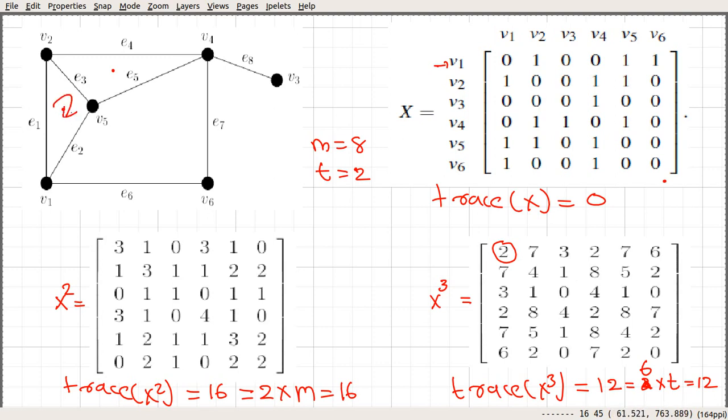So one triangle this way and the other triangle this way, so 2. In that case, if we look at this one, that corresponds to vertex 2. If you look at this vertex 2, we can see that it belongs to 4 different cycles or triangles.